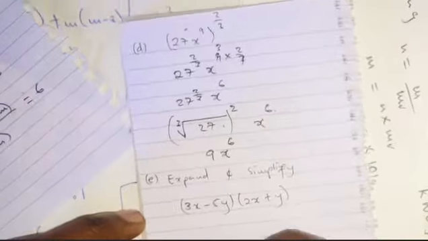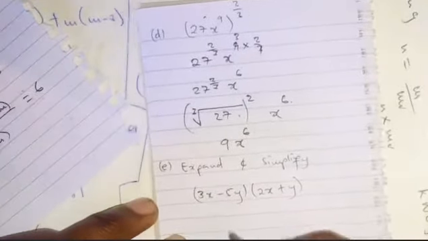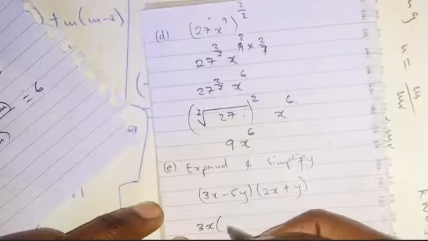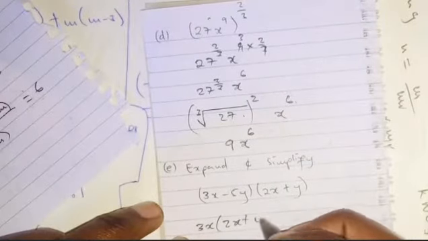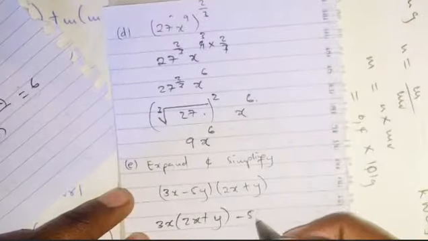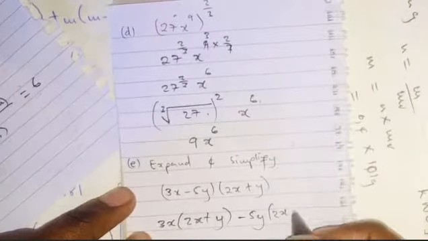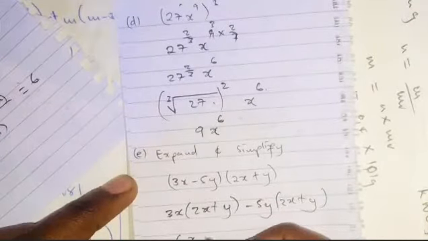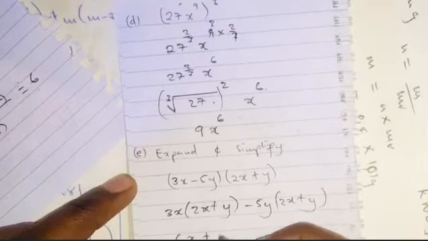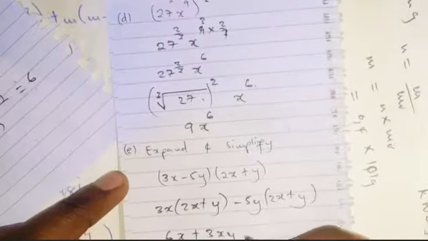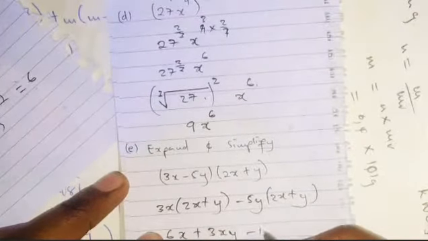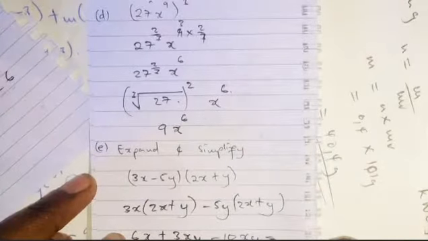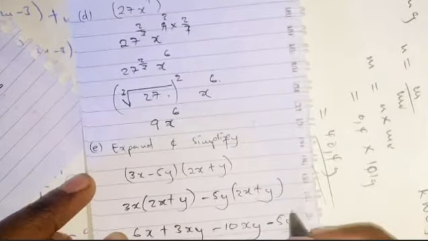Then we are expanding and simplifying this one. We break one bracket and we maintain one. So 3x, 2x plus y, minus 5y, 2x plus y. Then of course this is 6x squared plus 3xy minus 10xy minus 5y squared.